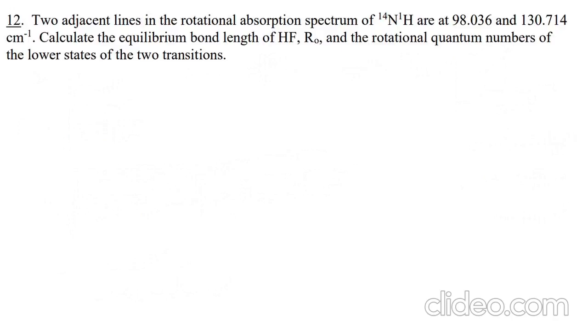The next question is, again a similar kind of question: the two adjacent lines in the rotational spectrum of 14N 1H are at 98.036 and 130.714 centimeter inverse. We need to calculate the equilibrium bond length R0 and the rotational quantum numbers of the lower state of the two transitions. Let us do the same thing again.